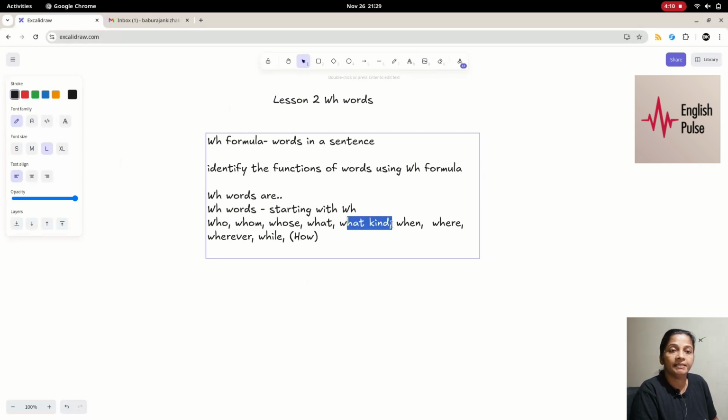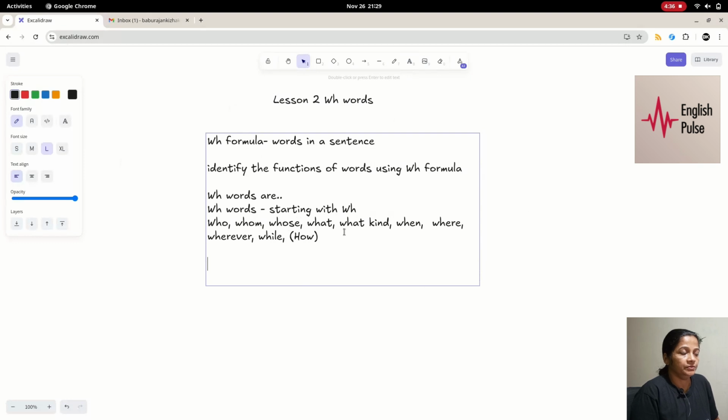We will see all of them in detail later. Then when, where, wherever, why, these are some of the common WH words. Let's see if we miss anything else. Yeah, these are the main words.